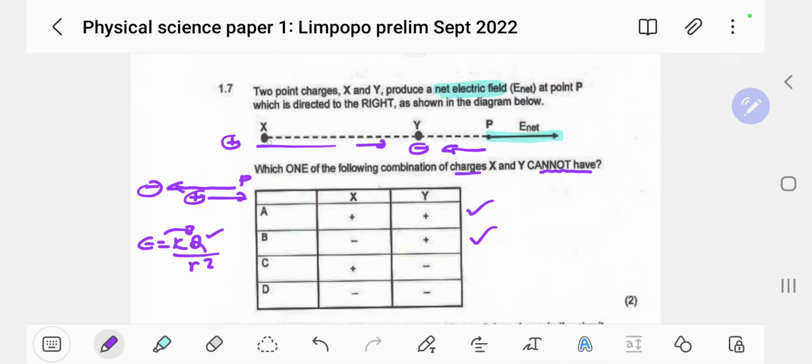So we can have a positive charge here with a much bigger magnitude than this charge, despite the fact that it will be acting at a shorter distance at point P. So that is possible, on the constraint that the magnitude of this charge should be way bigger than the magnitude of this charge. All right, so that is acceptable.